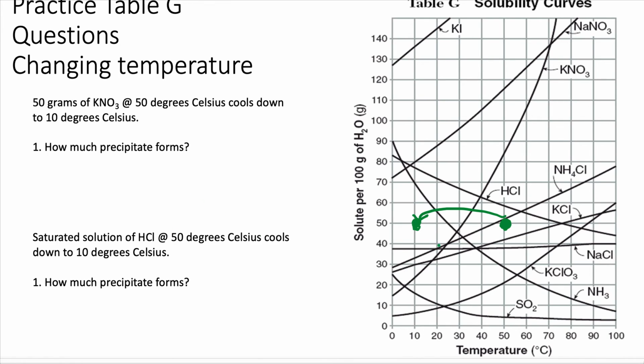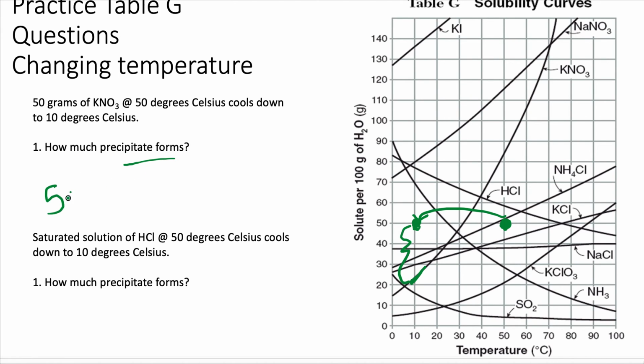How much precipitate forms? If you look at KNO3, KNO3 is right here. So this is how much we need. We need approximately, let's say, 25. And I have 50. So you need to find out how much extra, which is the difference between these two dots, and that's what's going to precipitate.